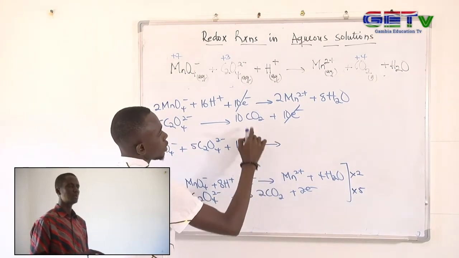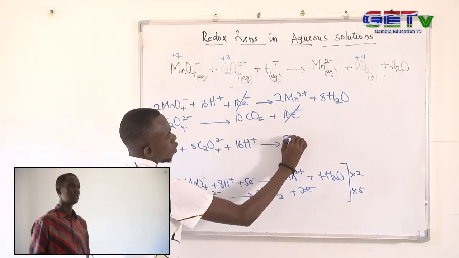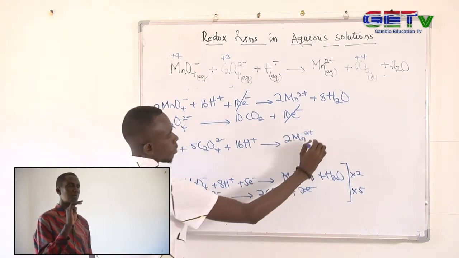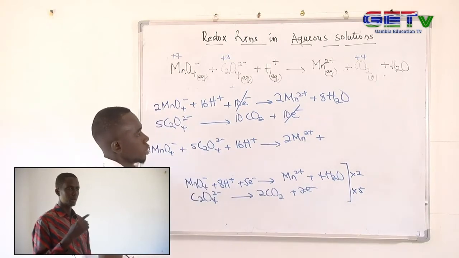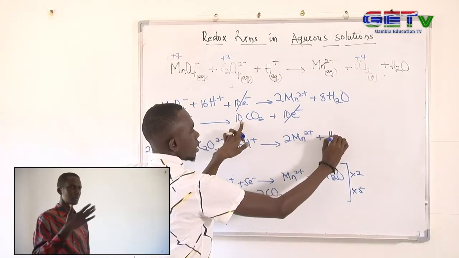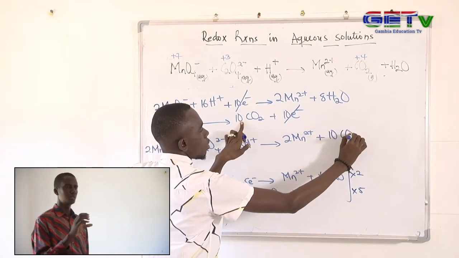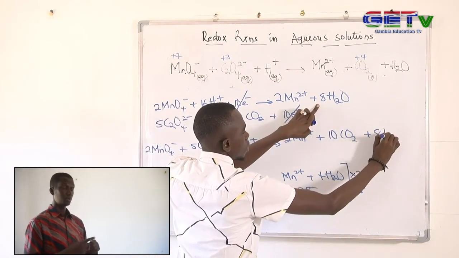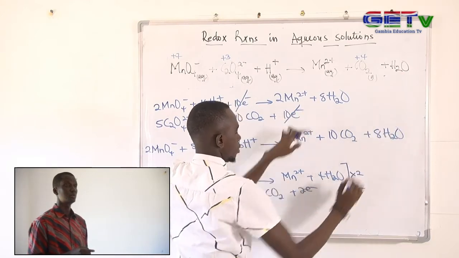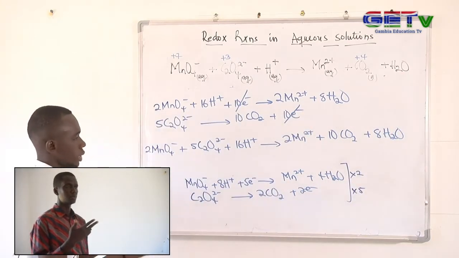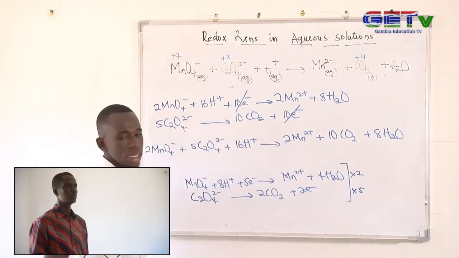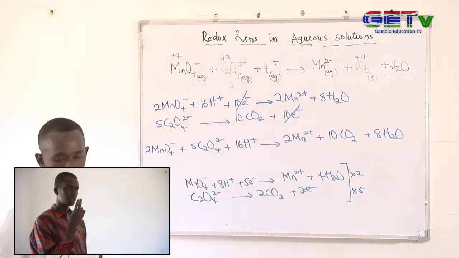This will give us 2 moles of Mn2 plus, 10 CO2, plus 8 water molecules.